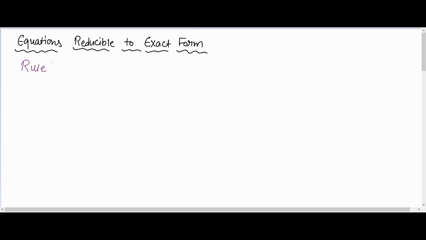So in rule number 4, let's see on what type of differential equations it applies. If we have our usual form, M(x,y) dx plus N(x,y) dy equal to 0, then this equation can be reduced to exact form using rule number 4 if the condition is that M and N both are homogeneous.